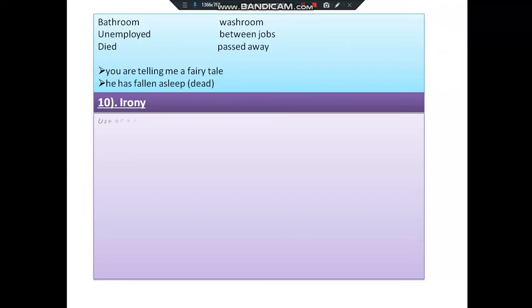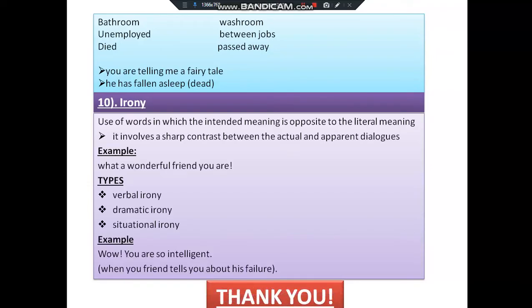Then moving next to irony. Look here, irony is in our common use. It is the use of words in which the intended meaning is opposite to the literal meaning. It means that what you are expressing is opposite to what is in your mind. This is an ironic statement.